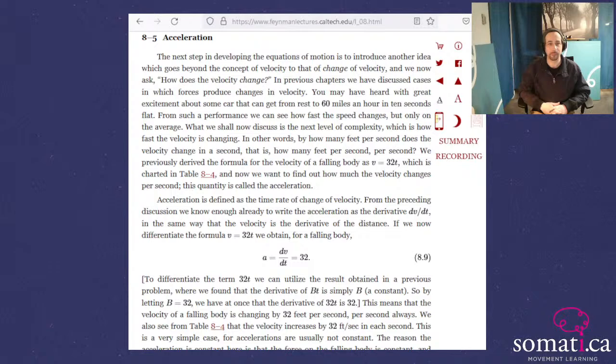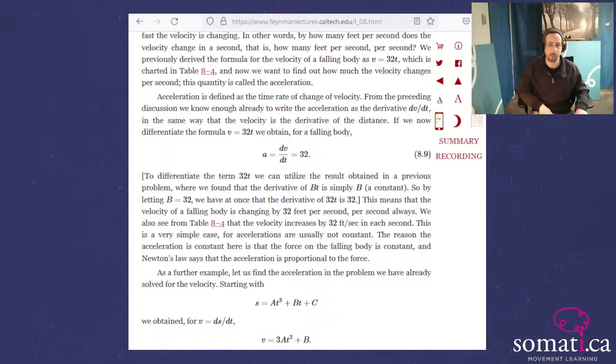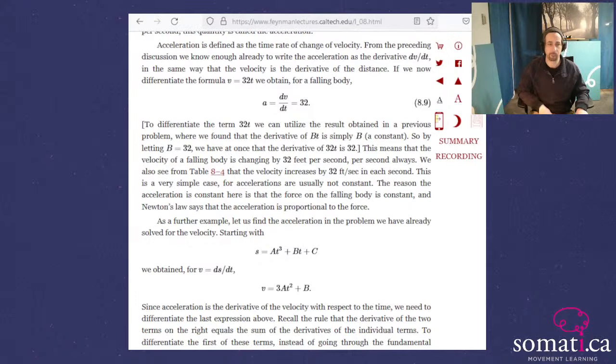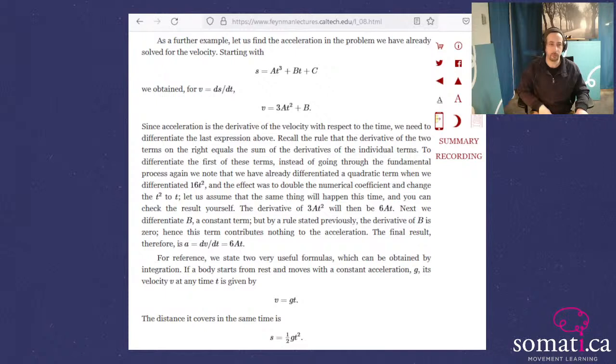Acceleration, the change of velocity then. So in this previous problem, we just did by brute force that the velocity at a particular time is 3AT squared plus B for that expression of its position.